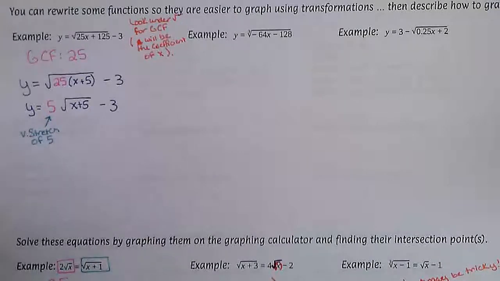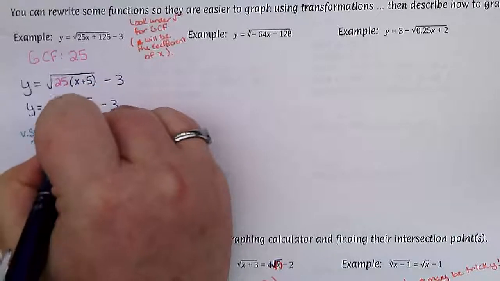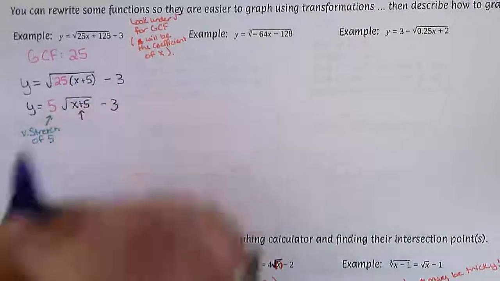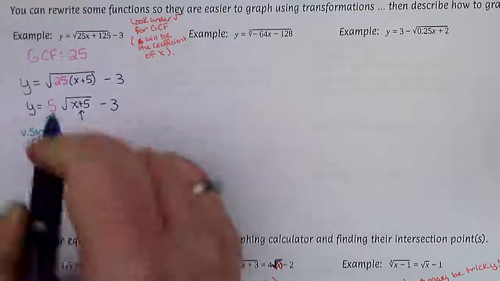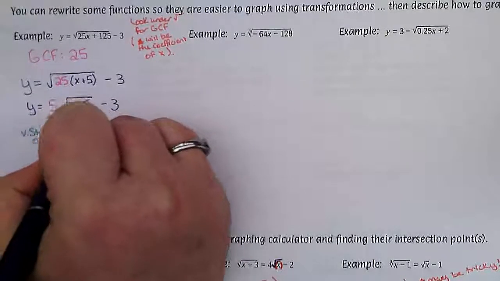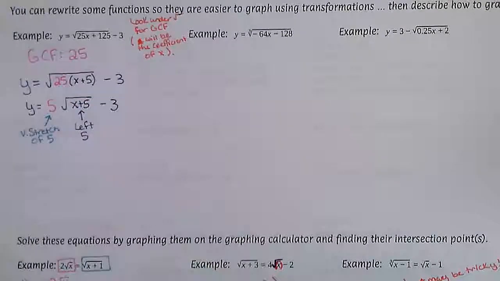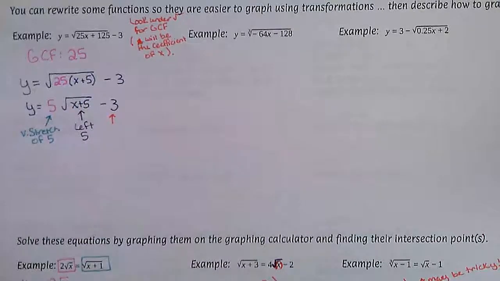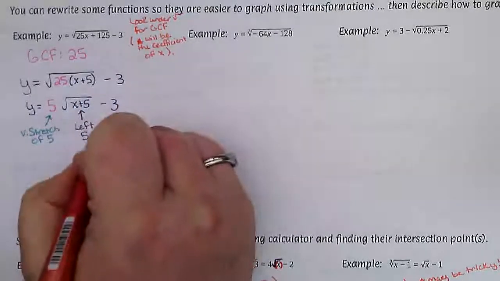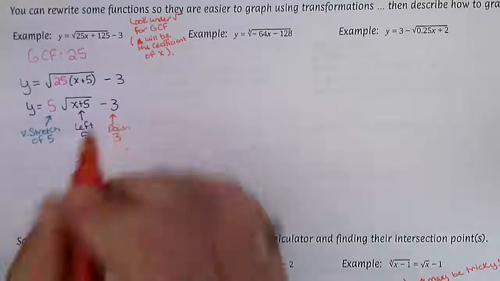Inside my radical, I have left and right going on. Under here, it says plus 5. That means I'm going to have a shift left 5. And after my radical is up and down. This is minus, so it's going to shift down 3.